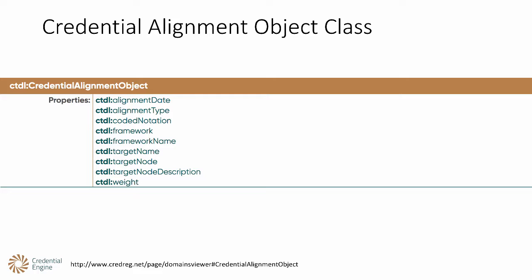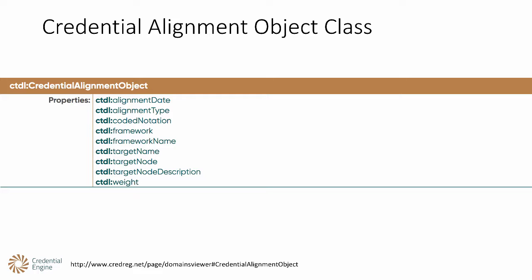The object in CTDL is called the credential alignment object, and it is a subtype of the schema.org alignment object. So it shares what's provided by the schema.org alignment object, but it also adds a few properties that are, while probably not unique to the credential environment, needed, and particularly needed within the context of the CTDL.